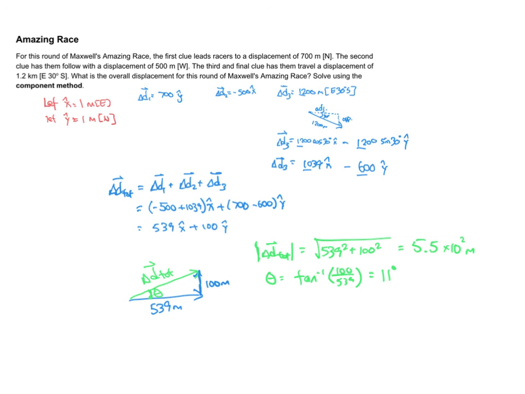And I can put those together to write my final answer. So 5.5 times 10 squared meters east, 11 degrees north. And that's it.